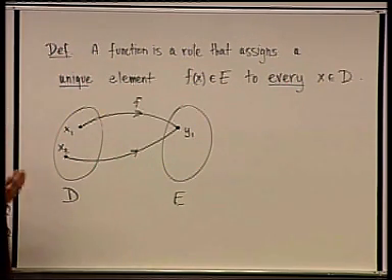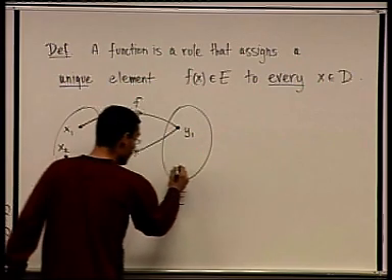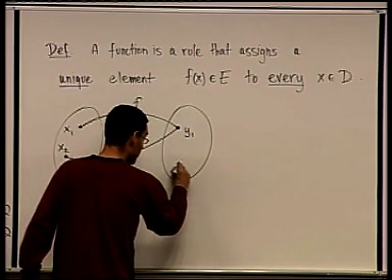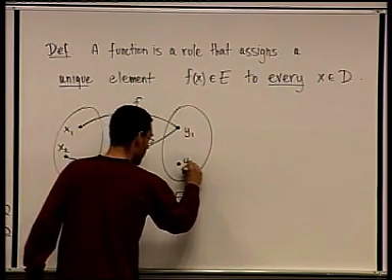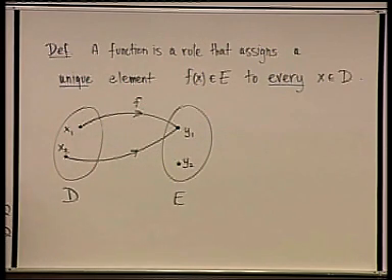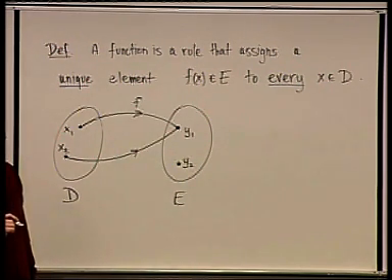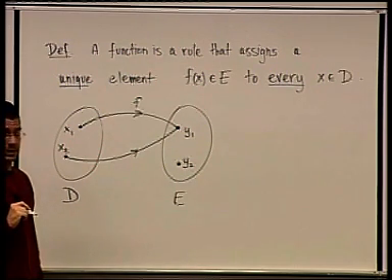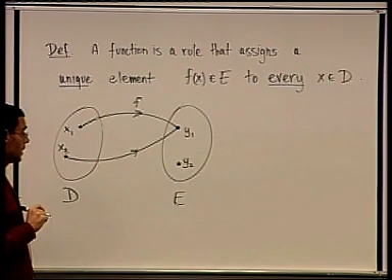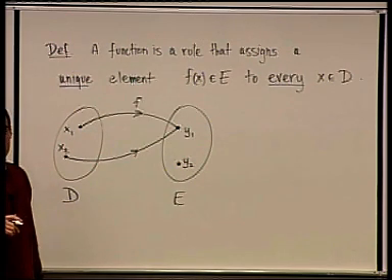Another thing that is legitimate is that there could be a very sad y2 here. Do you see that he's sad? Why is he sad? Right, he doesn't have any arrow coming into him. Okay? He was left out. That's not a nice feeling. But that's legitimate in the definition of a function.